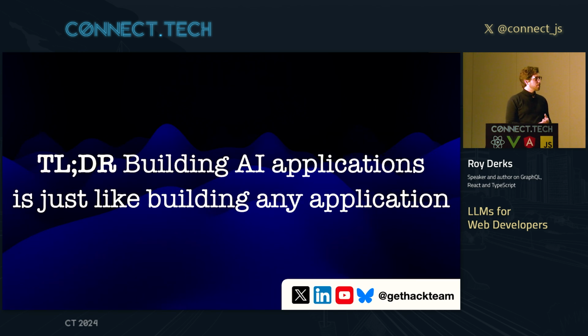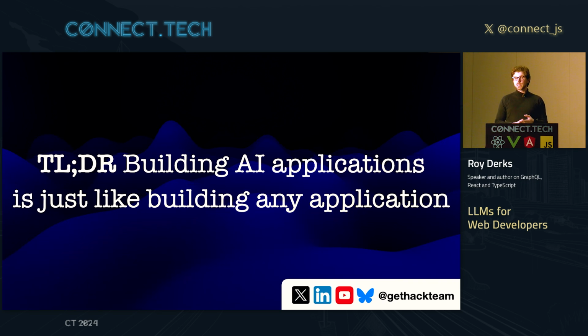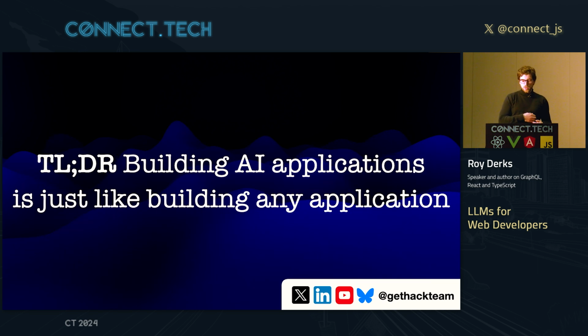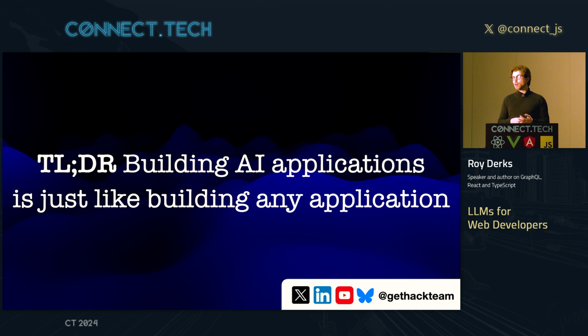So long story short, building AI applications is just like building any application today. There are APIs and SDKs to help you get started. You still need to write front-end code or integration code, and you can use LangChain, for example, to make things go faster and skip some steps. I do feel it's a fast-moving space, so you can find a lot of different libraries and frameworks. They might be changing every day. And you figure out working with LLMs is kind of hard because they're not really trustworthy.